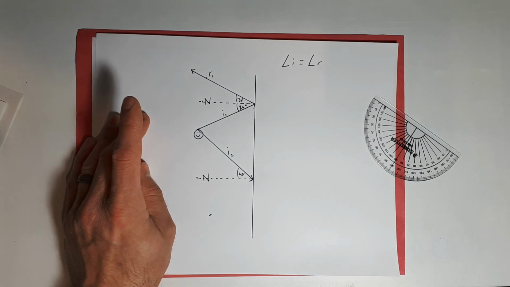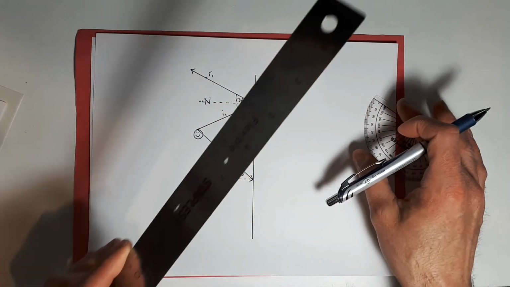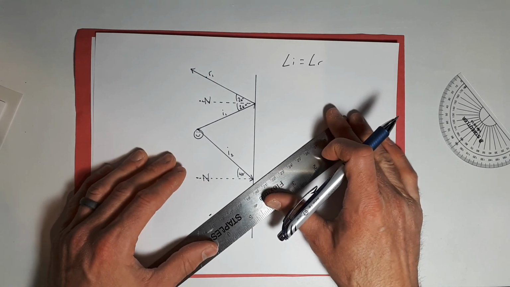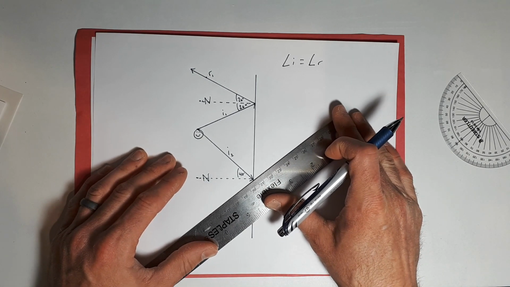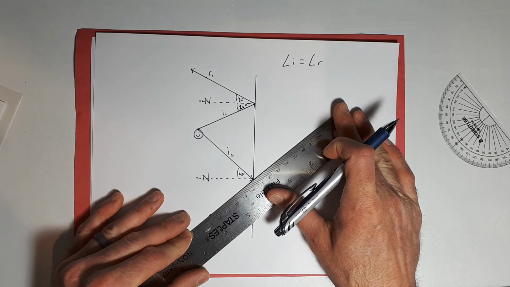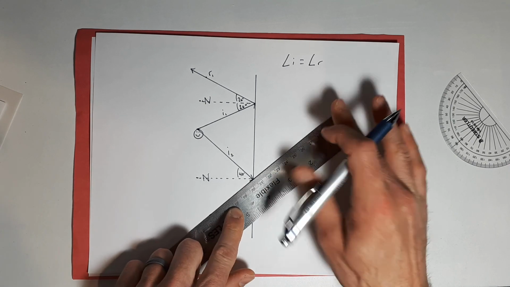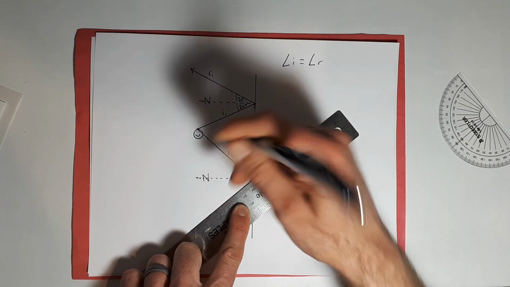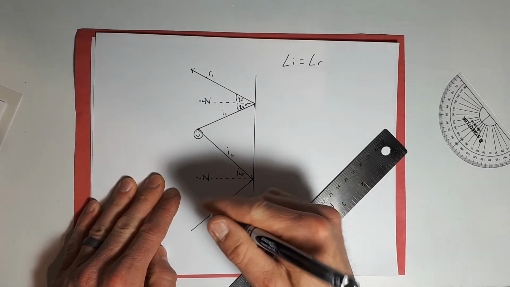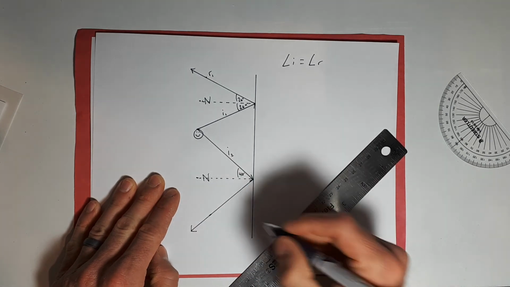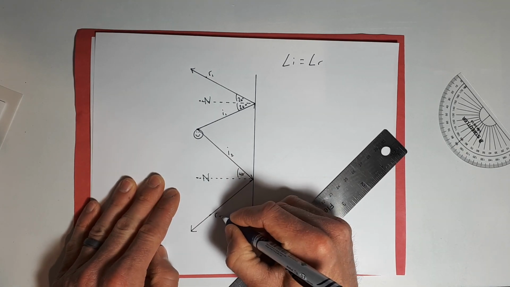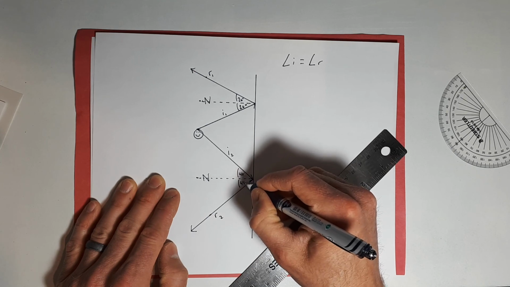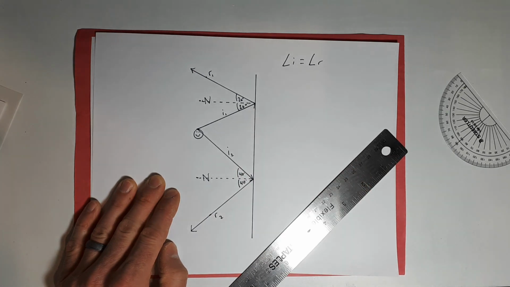All right, now I'm just going to use my ruler, connect the dots, and this is almost done. Well, for this part of the video. All right, so we're just going to go down here, and this is going to be our reflected ray number 2. Okay, I'm going to label that 40 degrees and do a quick recap before we stop here.